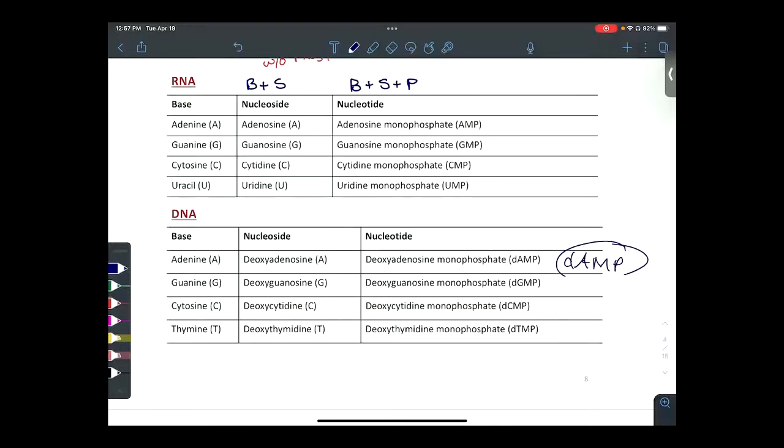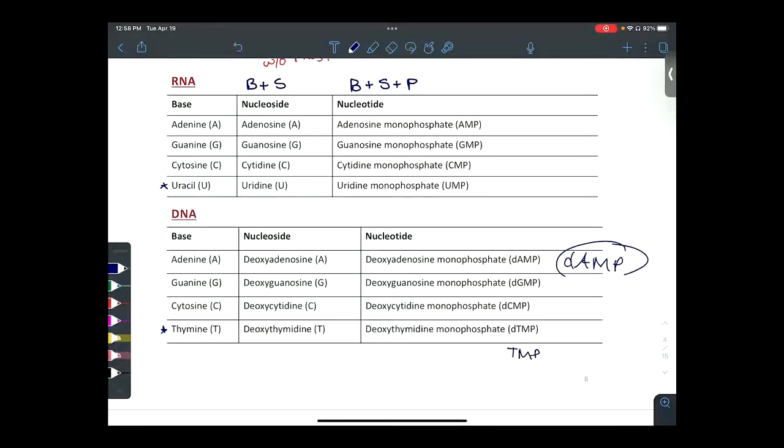All right, and then a little detail here is that in RNA, we have uracil as one of our nitrogenous bases, and that is analogous to thymine that we find in DNA, so you will not see U's in DNA, you will not see T's in RNA. So that's that last detail there. So you would never see TMP.